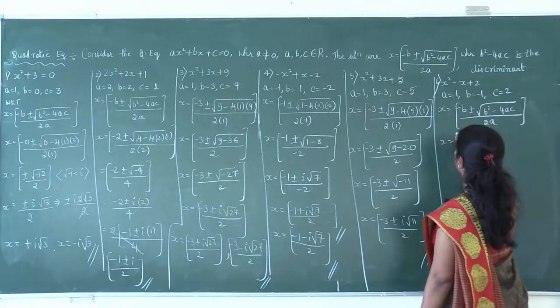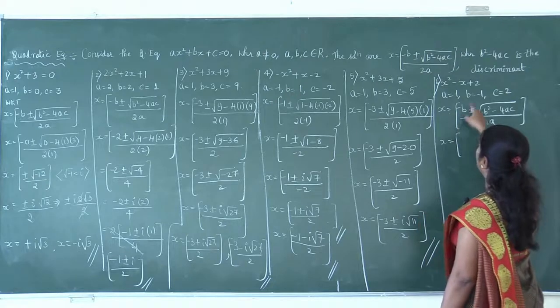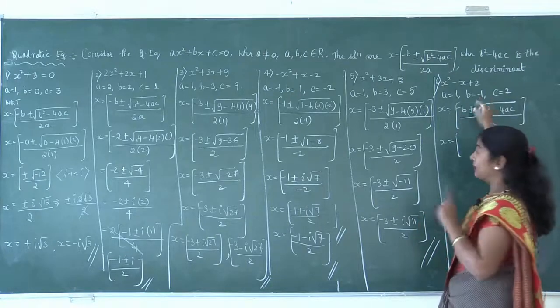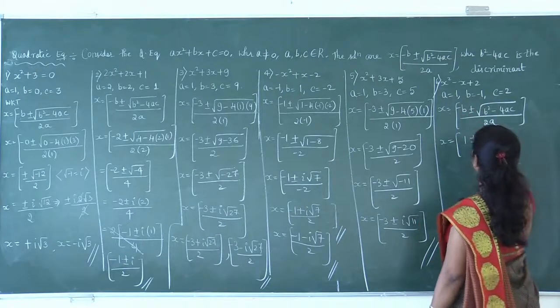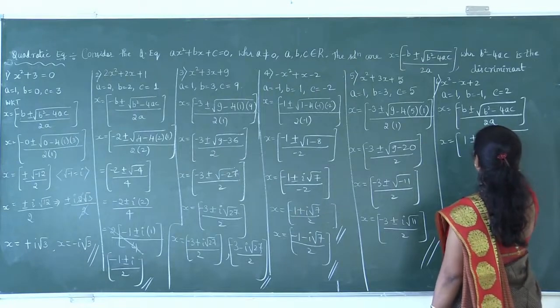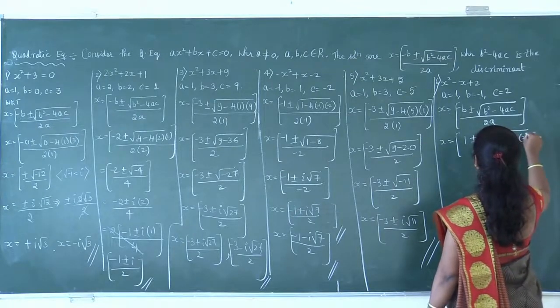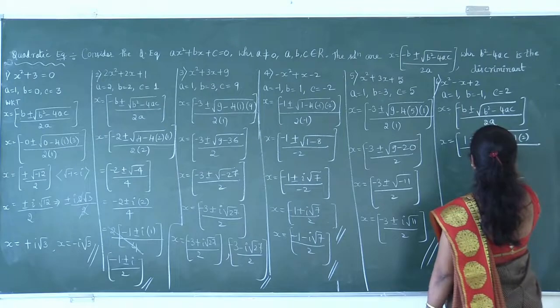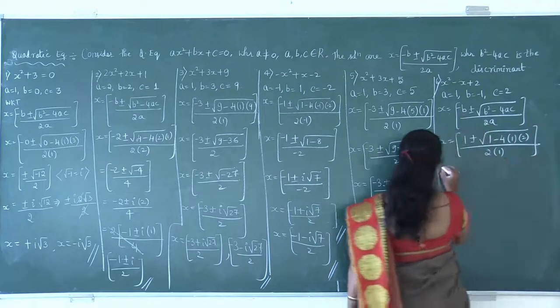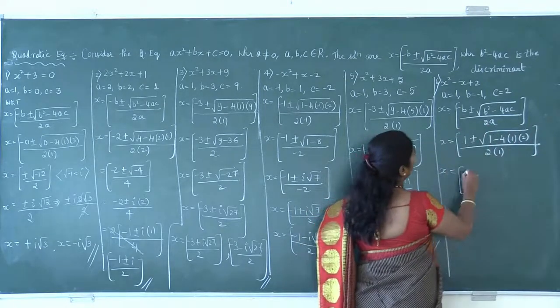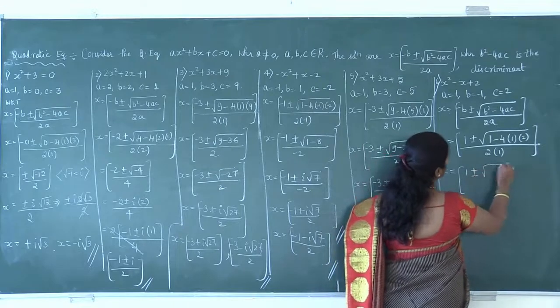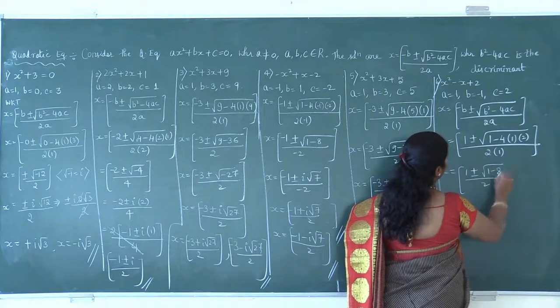What is minus b here? Minus of minus will become plus. So 1 plus or minus root of b square, which is 1, minus 4 into 1 into 2, divided by 2 into 1. So x is equal to 1 plus or minus root of 1 minus 8, by 2.